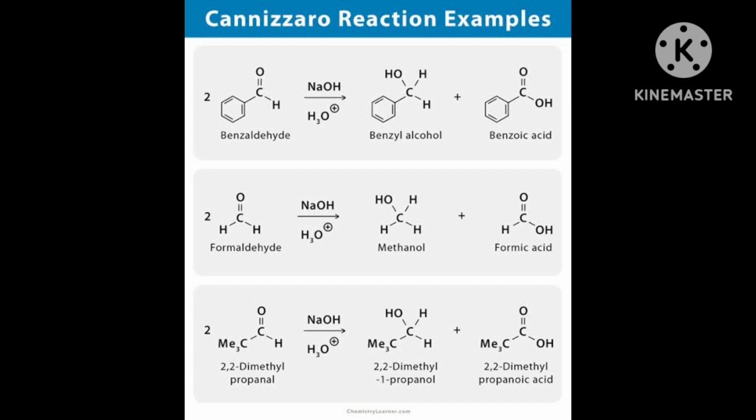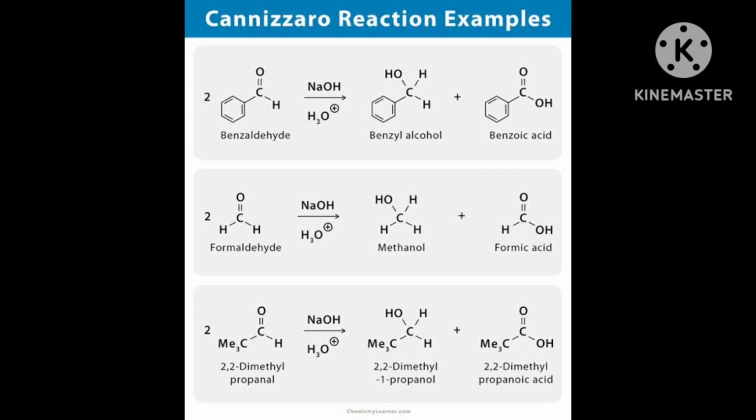Now for the mechanism, how it is forming, I am telling you, so you can easily understand the reaction. This is the overall reaction: 2 molecules of formaldehyde plus concentrated KOH give methanol plus potassium formate.